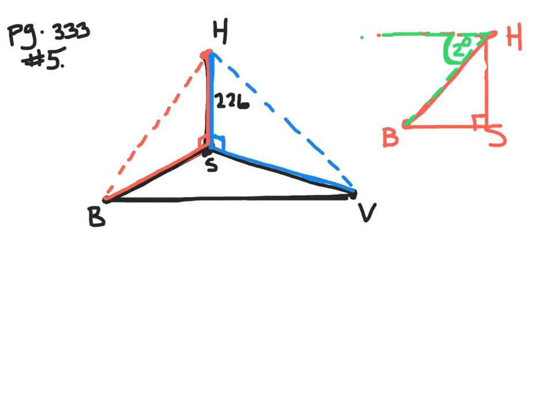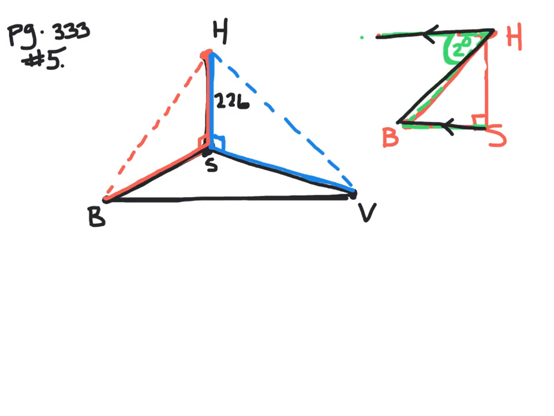Now, funny enough, if you look at the definition for angle of elevation, the angle of elevation is also the same definition from the line of sight to the horizontal. So horizontal to the line of sight. If you notice in this picture, this is parallel to that. And this is a Z pattern right here.